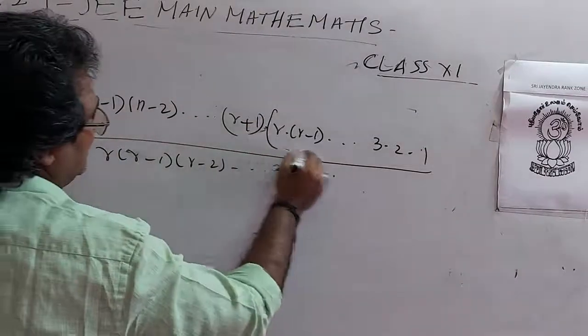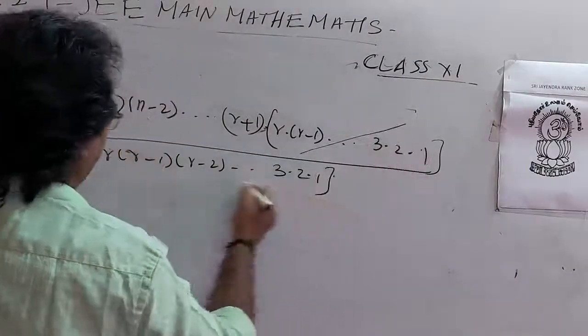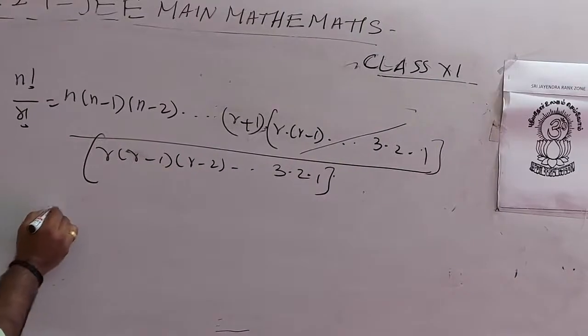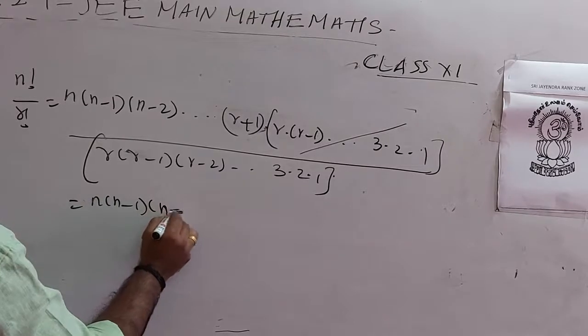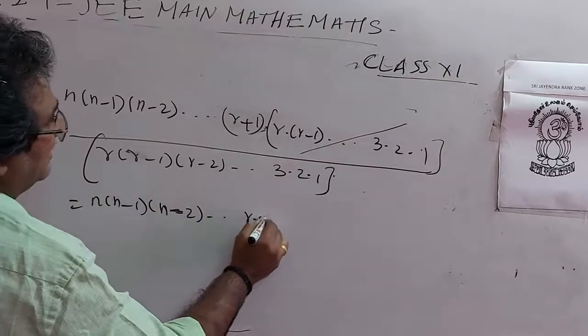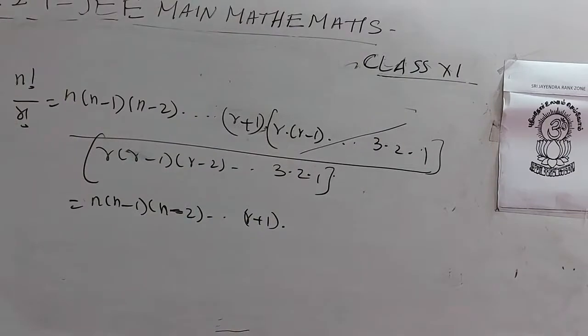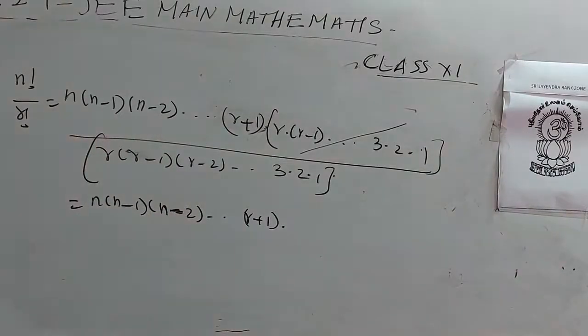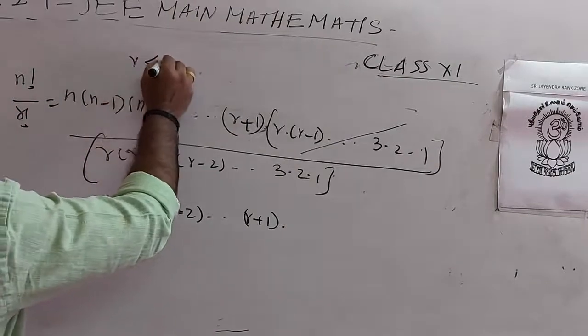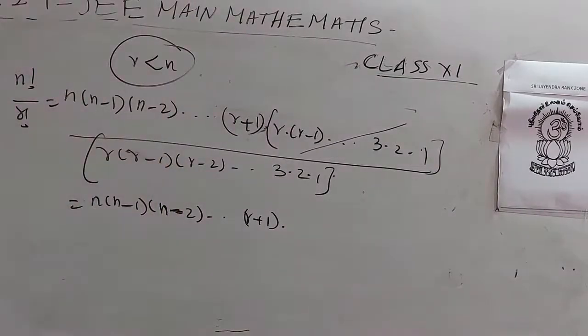So up to this, r factorial can be cancelled. It is enough to write, if we divide by r factorial, r factorial is cancelled, remaining terms r plus 1 to n only will be there. This is possible when r is less than n.